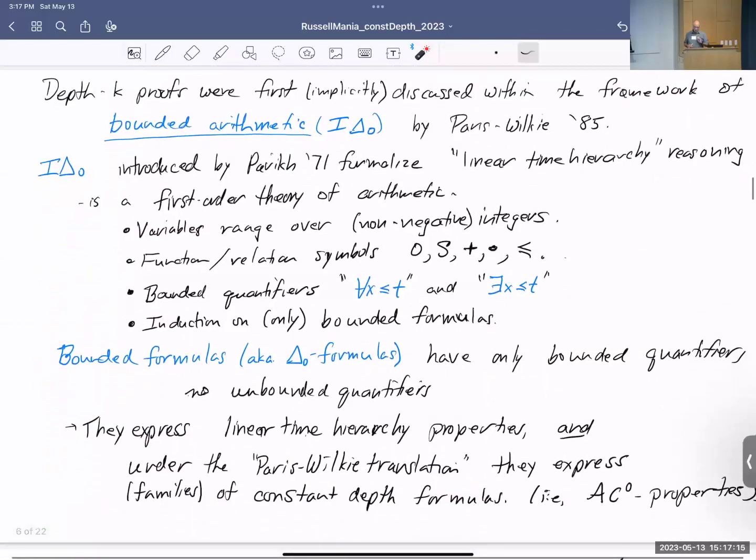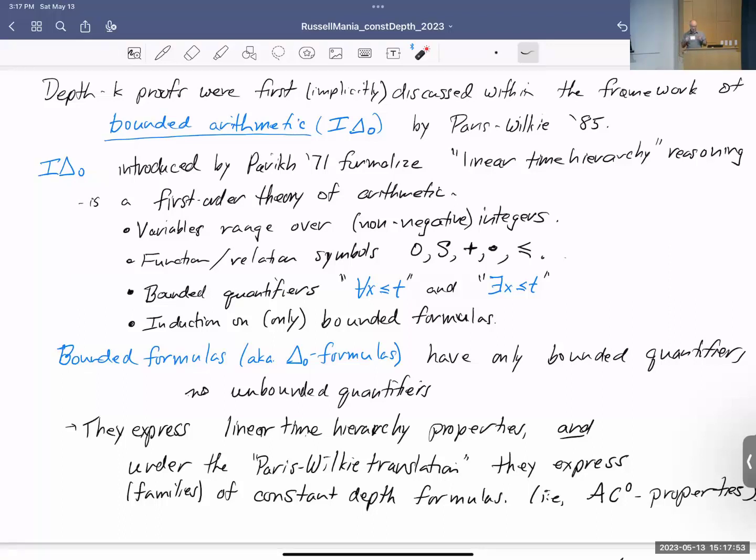Surprisingly, perhaps, depth K proofs were first discussed within the framework of bounded arithmetic. It wasn't the computer scientists who thought, hey, let's do proofs with depth K formulas. I think the idea first came up in bounded arithmetic. Harrington and Wilkie in 1985 talked about the theory of bounded arithmetic I delta naught, and proved the theorem, which I'll come to in more detail in a moment, that if I delta naught proves the first order pigeonhole principle, then there are (constant depth) proofs of the pigeonhole principle in propositional logic, or constant depth refutations of the negation of the pigeonhole principle.